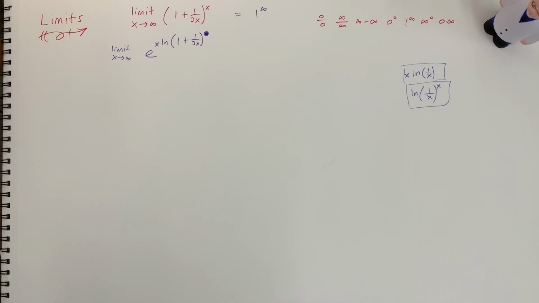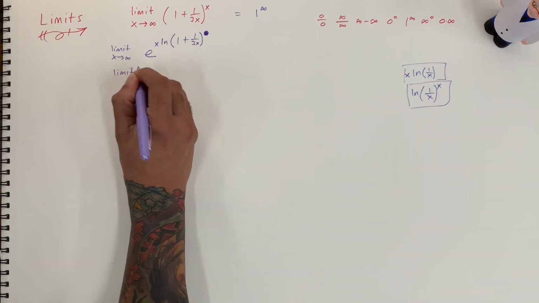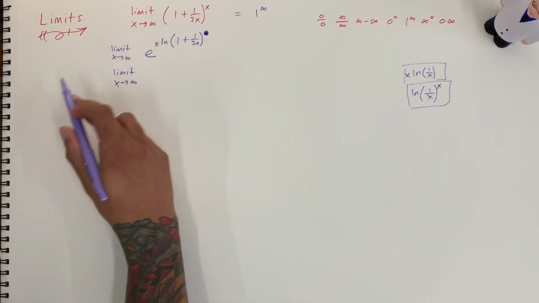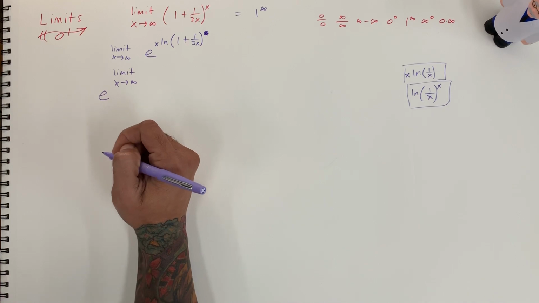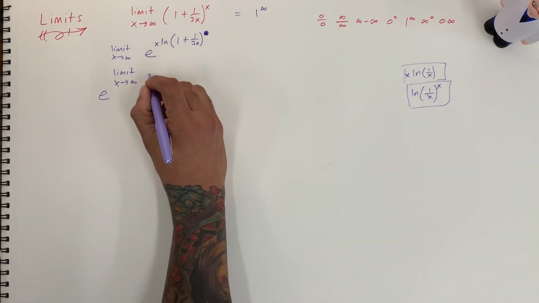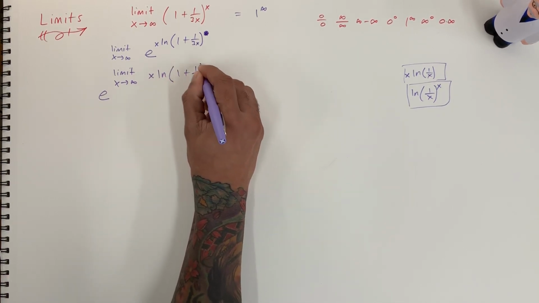Now what we're going to do is another manipulation step. We have the limit as x approaches infinity, and I'm going to bring out the e all the way over here so it doesn't bother us for now. We have these two terms left on the inside, x ln of 1 plus 1 over 3x.